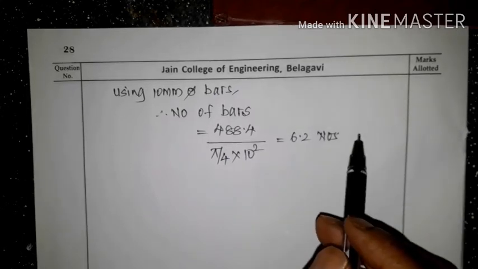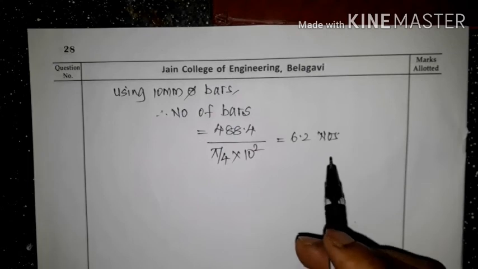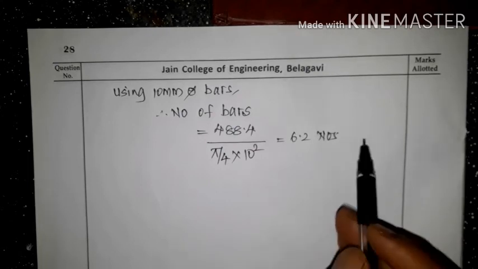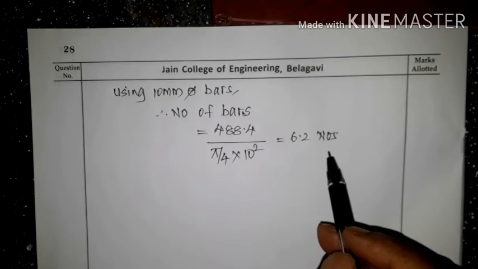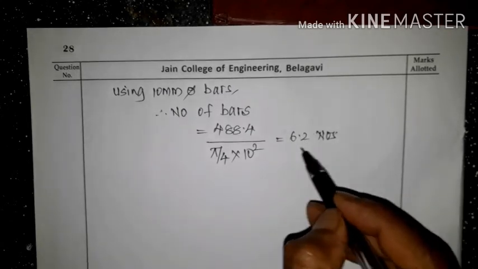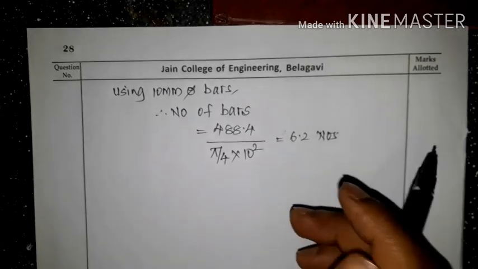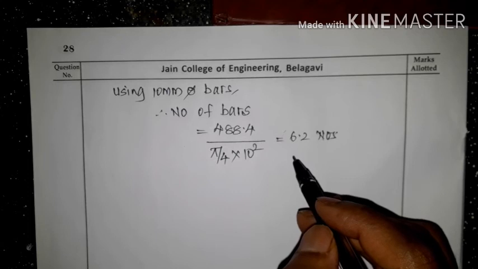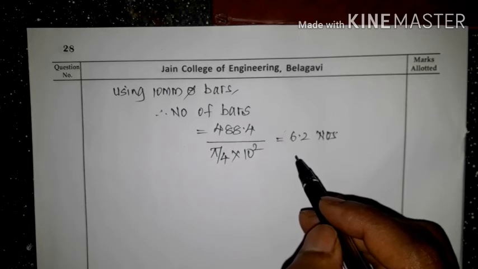No, the bars should be equally distributed, in terms of 3 number of bars. If 6 is not possible, we have to go for 9 numbers.